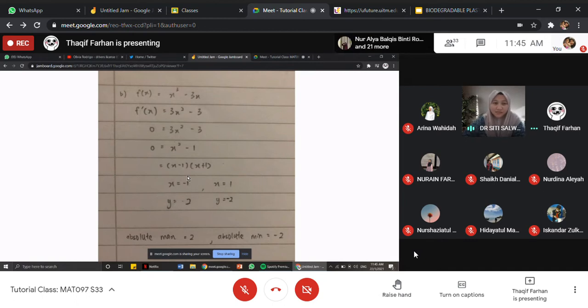I check pun memang salah lah. So absolute maximum is 0. Okay. Yang kat situ tu solution tu dia bagi salah lah kan. So absolute maximum is 0. Okay, kat sini you take note x is equal -1 tu you ignore je lah since dia bukan dalam you punya interval.